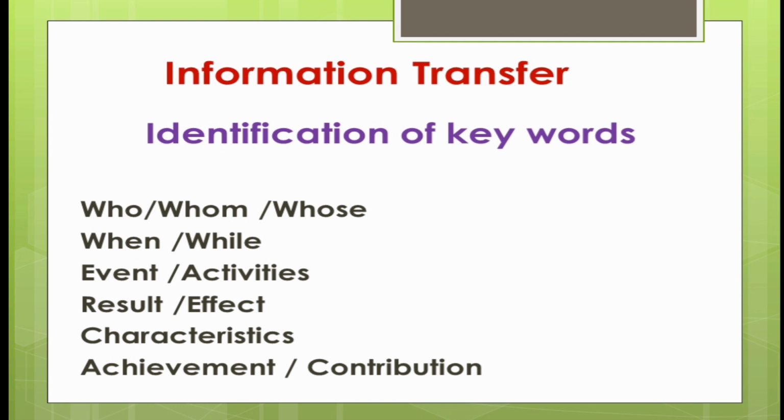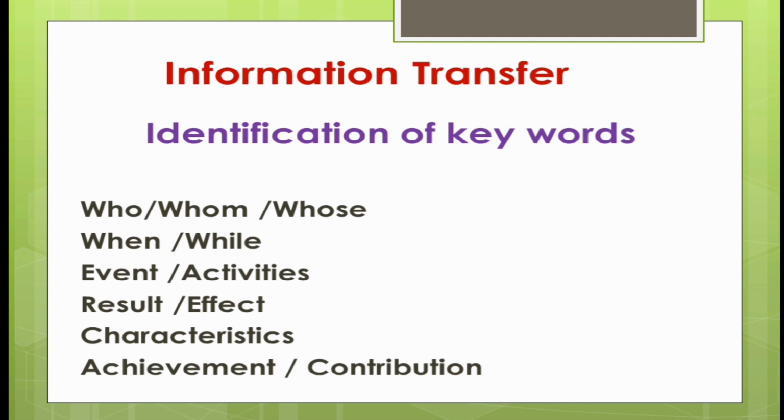Not only that, the result and effect are also important, the characteristics, and finally if there is any achievement or contribution. All these topics will help you to identify the keywords. After finding all this information, you have to underline the sentence properly.